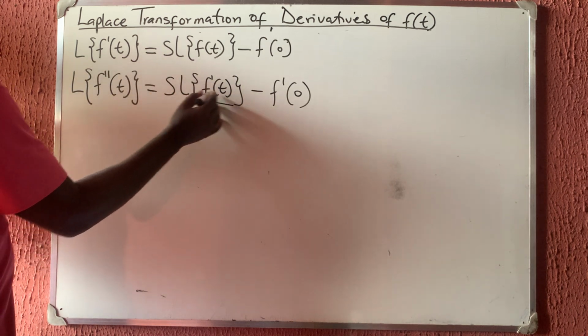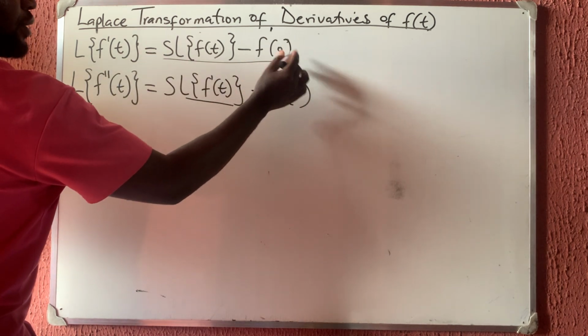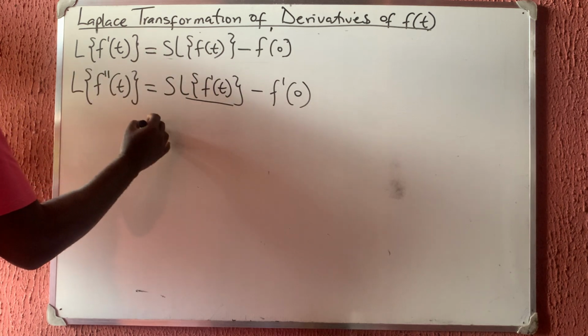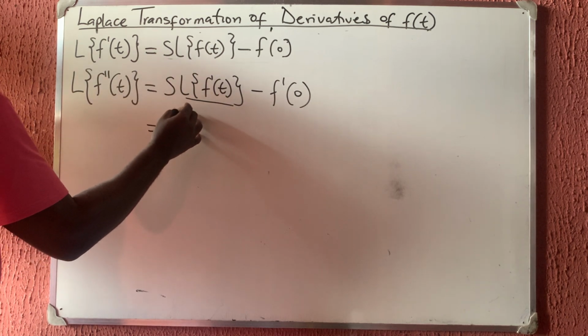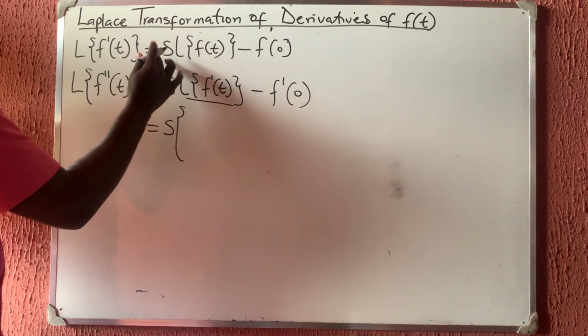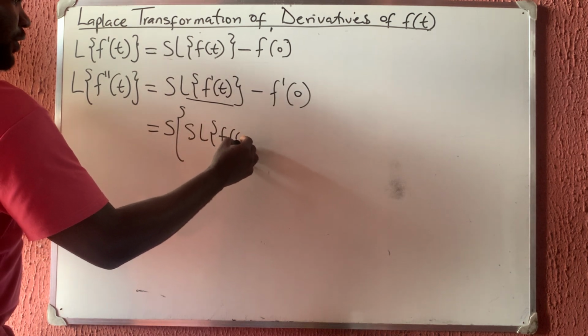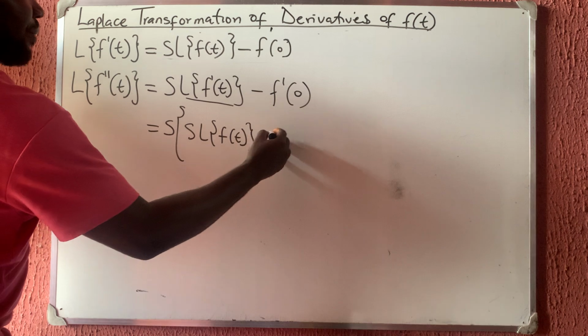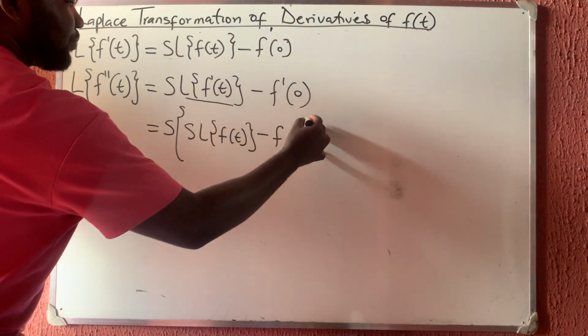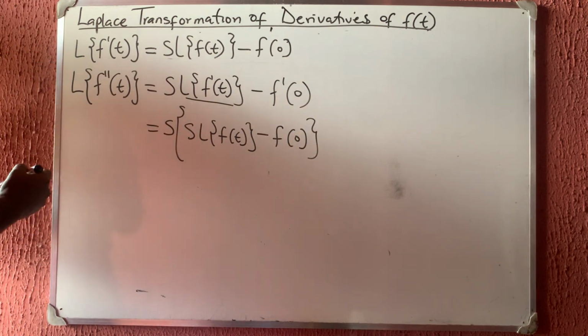But note that from here to here is same thing as all these things. Okay, don't forget. So we now have that this is same as saying s into the Laplace transformation of f of t, okay, then minus f of 0. All right.